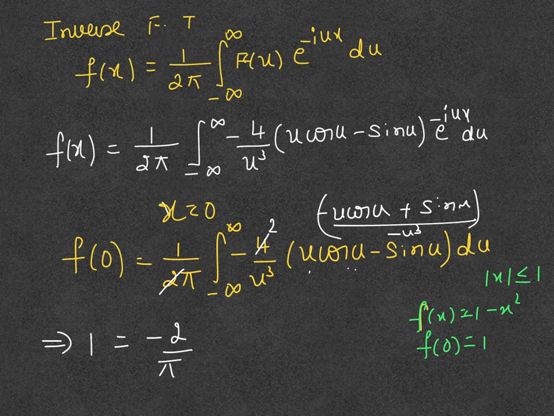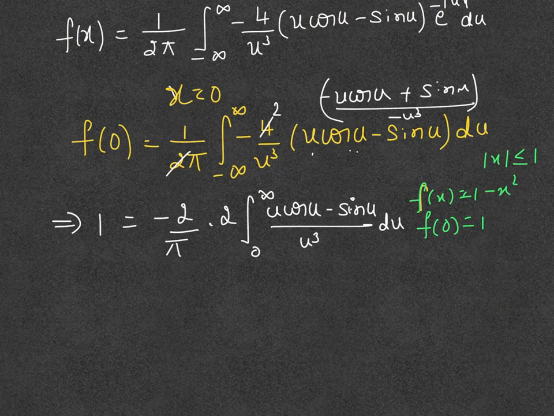So just replacing u to minus u, we get the same function. Therefore this is an even function. You can write this as 2 times 0 to infinity u cos u minus sin u divided by u cube du.